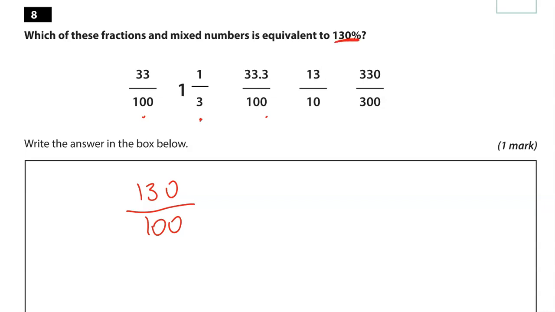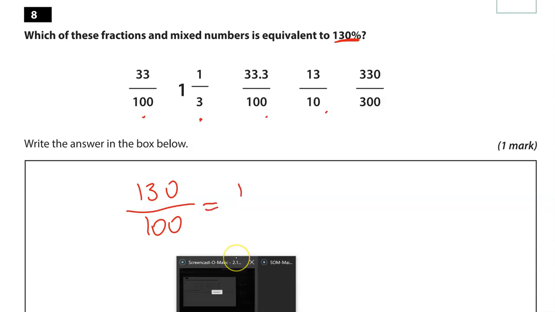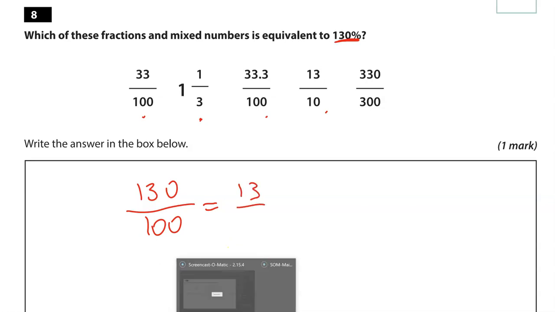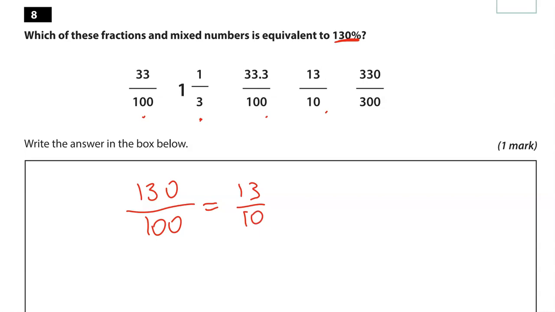Then we have 13 out of 10. So if I divide 130 by 10, it gives me 13. If I divide 100 by 10, it gives me 10. So this is a simplified version of 130 over 100. And finally, 330 over 300.